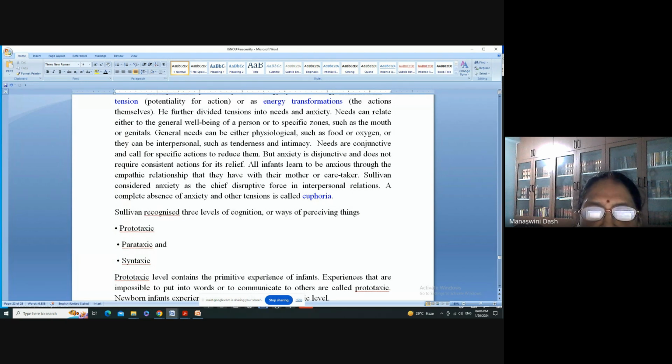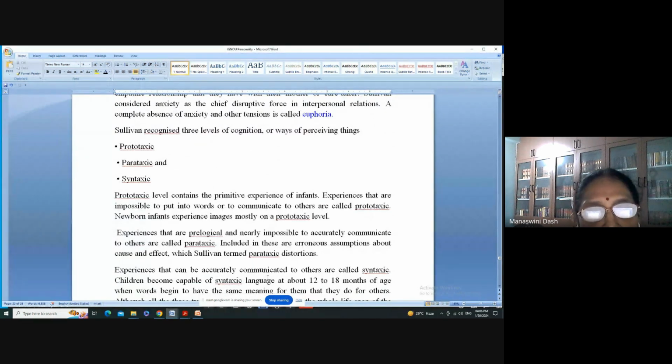Cognitive views means he describes different ways of perceiving things which constitute our personality. He talks of three ways of perceiving things: prototaxic, parataxic, and syntaxic. These are, we can say, three levels of cognition.